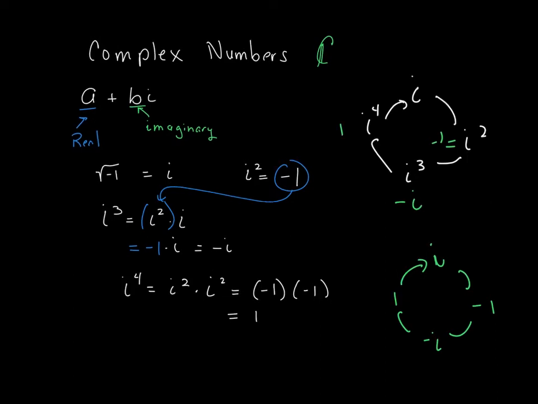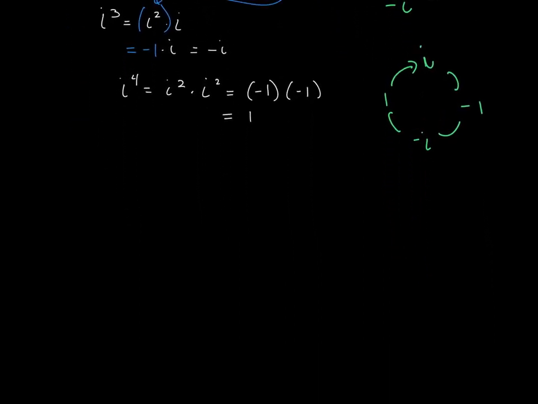Now where this becomes important is if we are looking at different powers. So if I have i to the fifth, you want to break that down to i to the fourth times i, and we know i to the fourth is equal to 1.